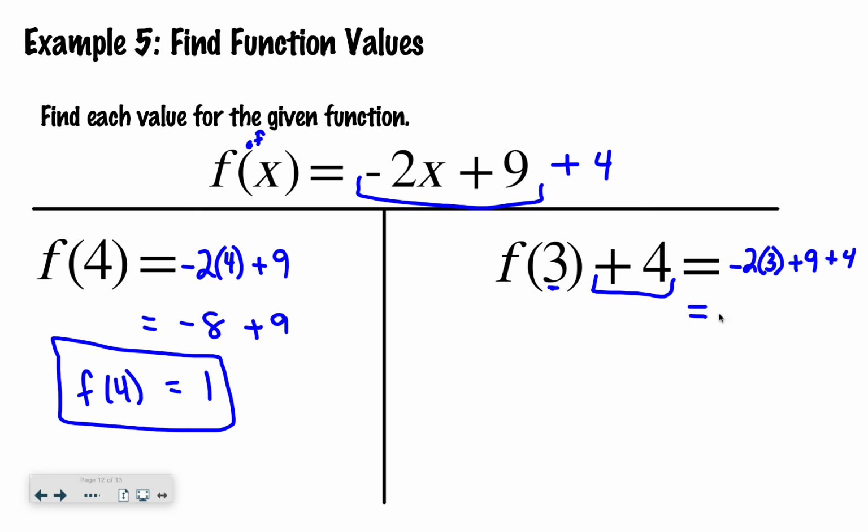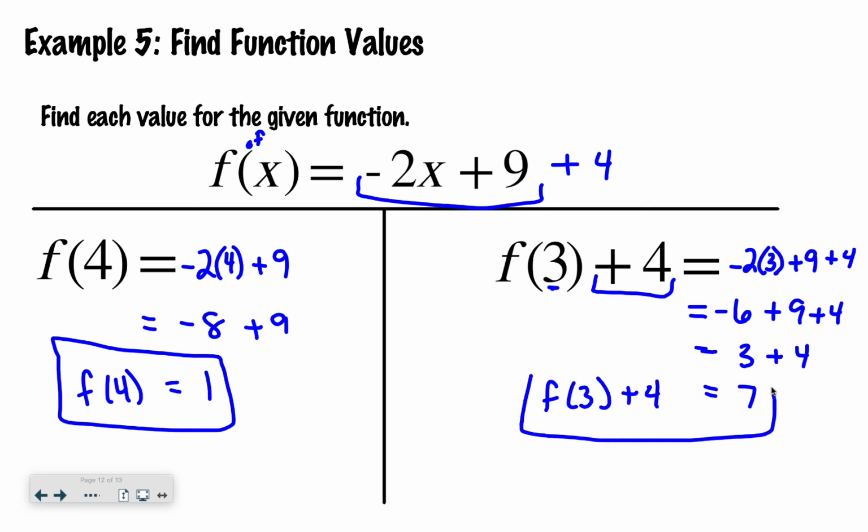So I have -2 times 3 is -6, plus 9, plus 4. -6 plus 9 is 3. Then I have that plus 4. 3 plus 4 is 7. So f of 3 plus 4 equals 7. Okay, so hopefully that doesn't seem too bad, but I know it can be a little confusing and look a little intimidating. So if you have questions about that, please be sure to ask for some help. I'm happy to walk through more problems with you, okay?